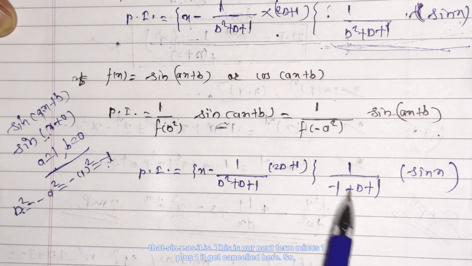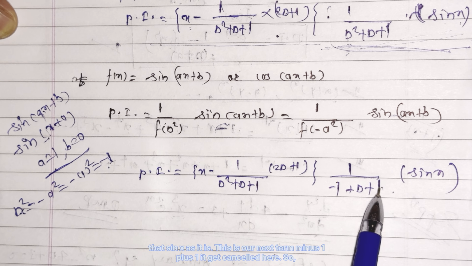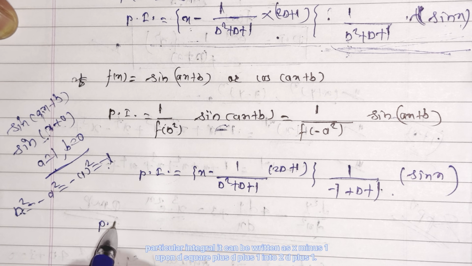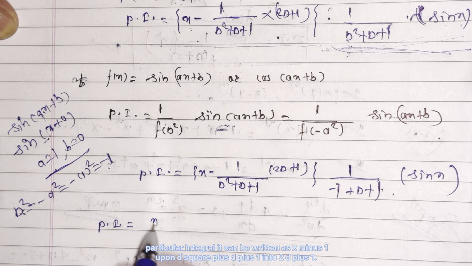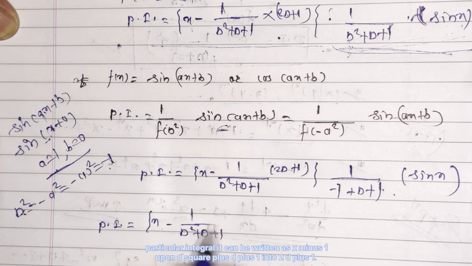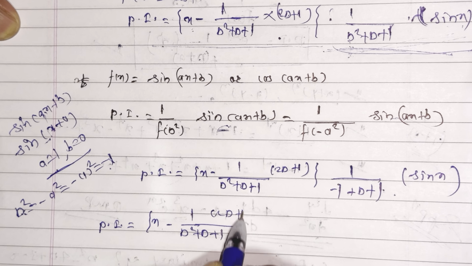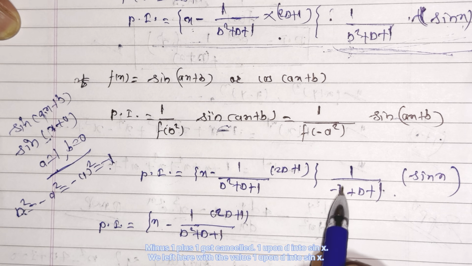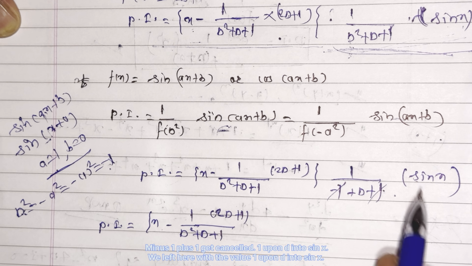This is our next term: minus 1 plus 1 gets cancelled here. So the particular integral can be written as x minus 1 upon d square plus d plus 1 into 2d plus 1, and minus 1 plus 1 cancelled, we are left with 1 upon d into sin x.